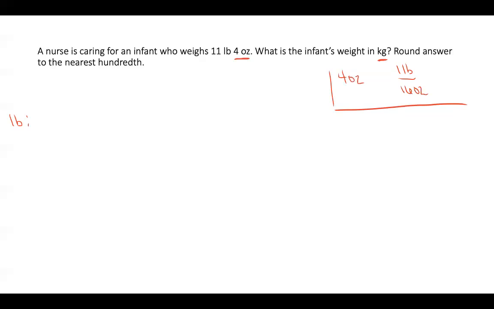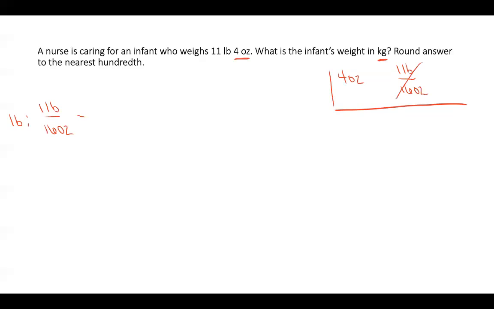Okay, so that was step 2, building my box. Step 3 is to start plugging into my problem. And I'm going to start with what I'm looking for. So pounds is what I'm looking for. I'm going to come up to my box and find pounds in my box. So I have 1 pound over 16 ounces. So I'm going to plug that in.